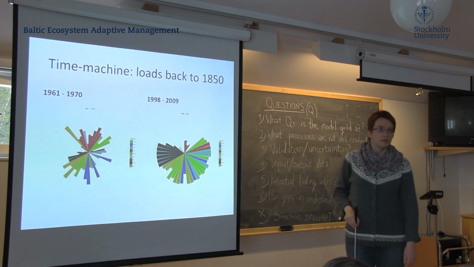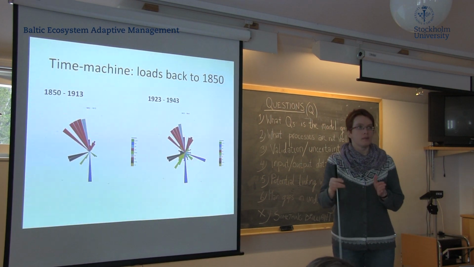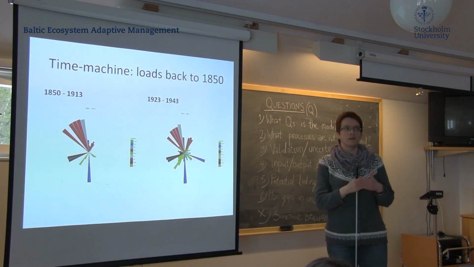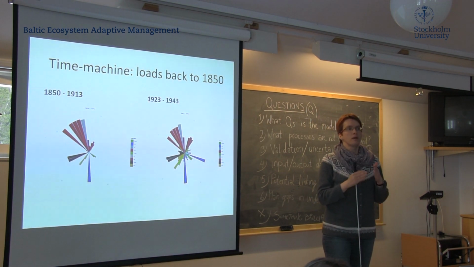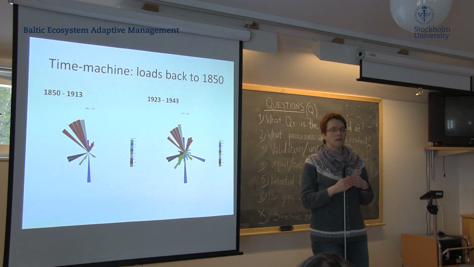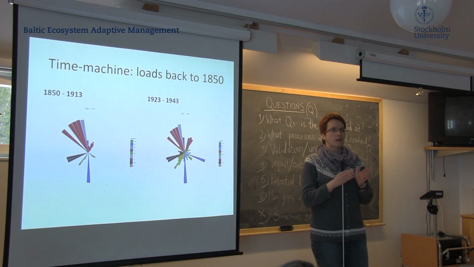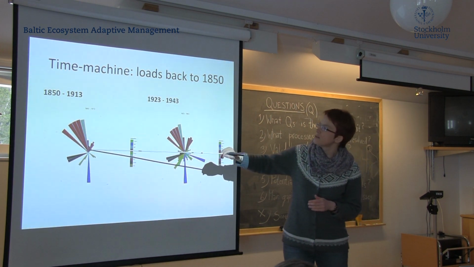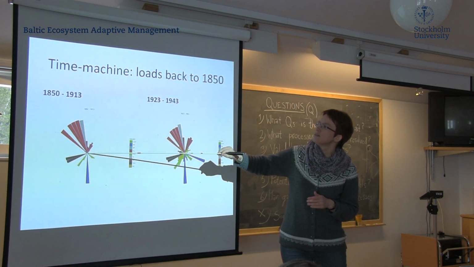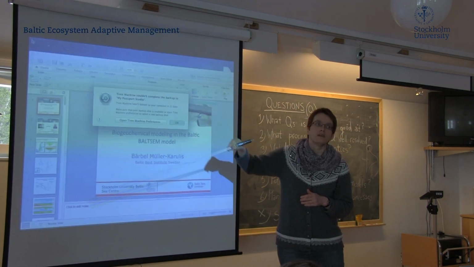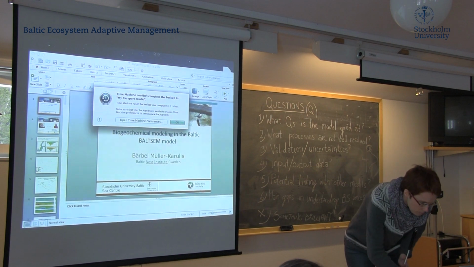The length of the bar is just its min-max. So it's for the entire length of the simulation from 1850 to 2098. If the bar disappears, it's at its minimum, and if it's out here, it's at its maximum.